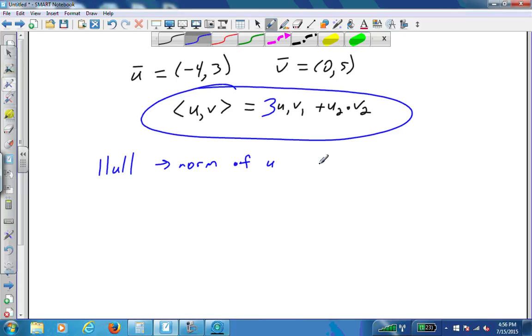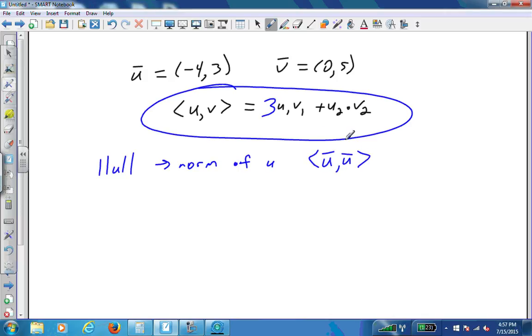And the way we get the length, for a standard inner product, we square the first component, square the second component, add them together, take the square root. Here, since it could be in any inner product, not just a regular dot product, we do the inner product of u with itself, and then we take the square root of that.